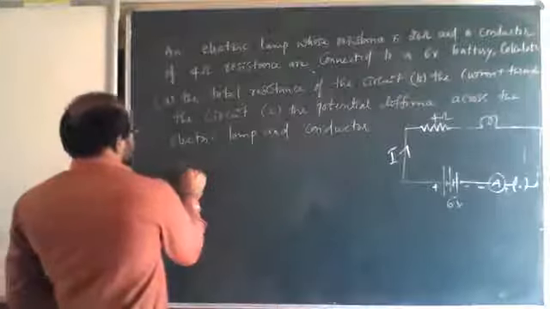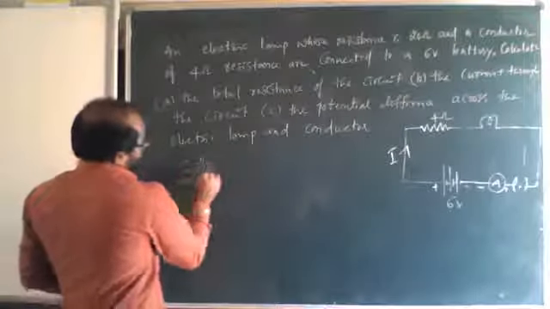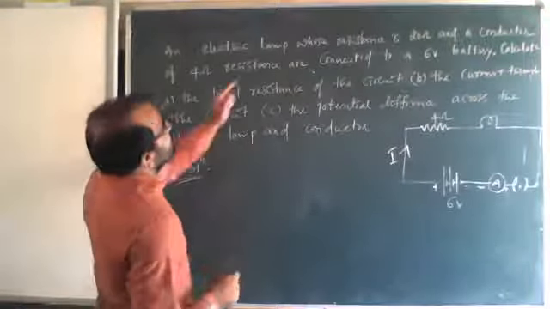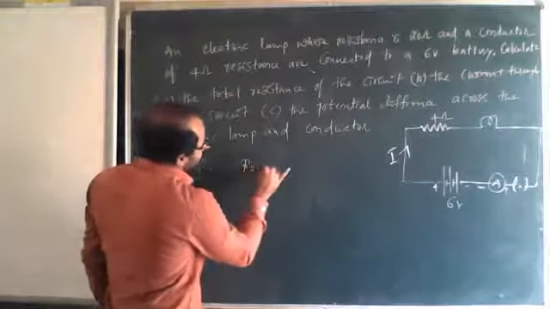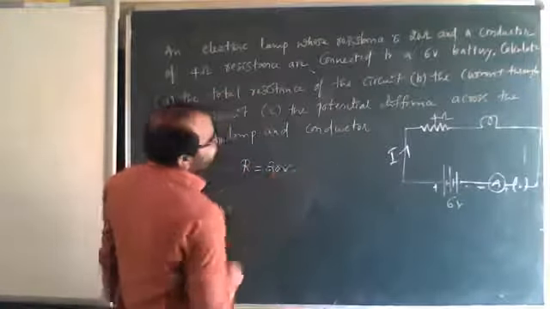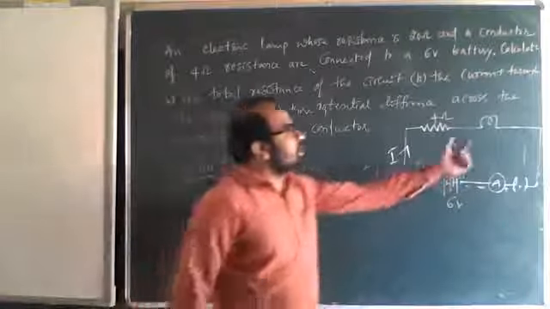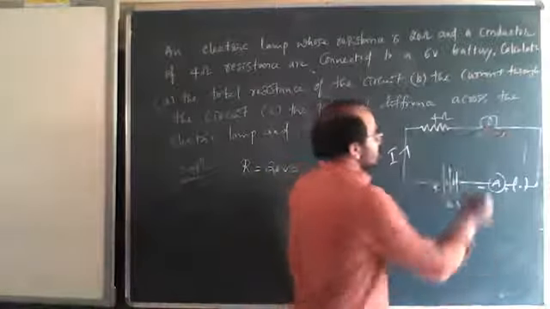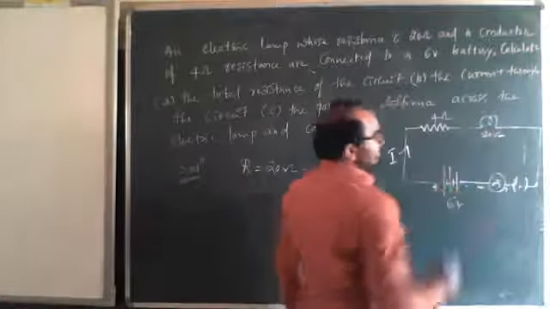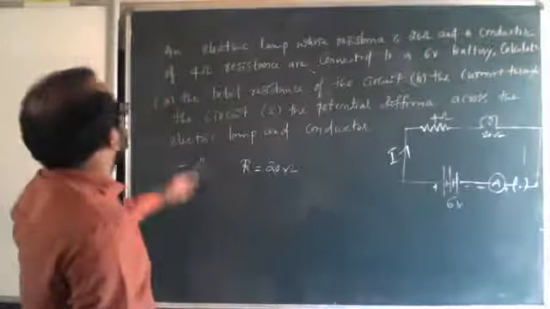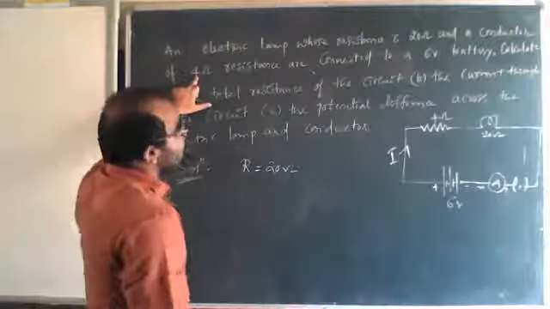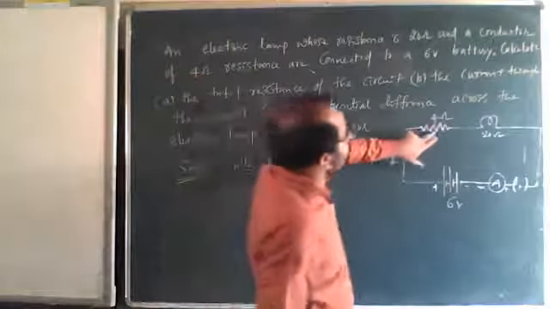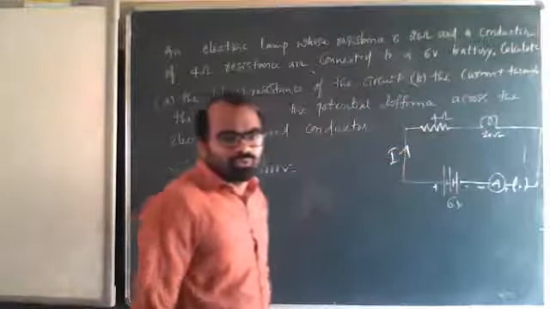So what is my solution here? What is given: an electric lamp whose resistance is 20 ohm, so R is equal to 20 ohm. This is the resistance of the bulb. And a conductor of 4 ohm resistance connected to a 6 volt battery. So this is 4 ohm, this is 20 ohm.